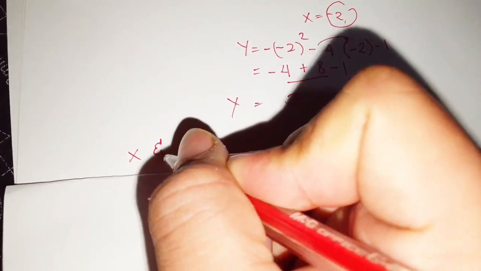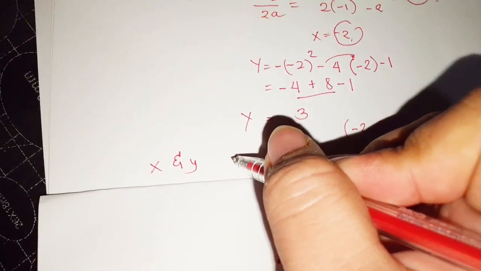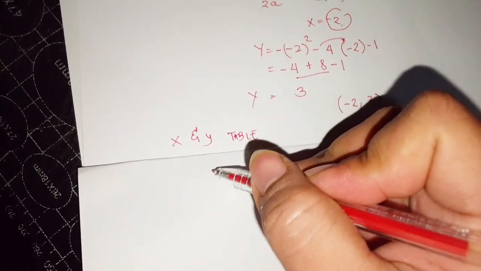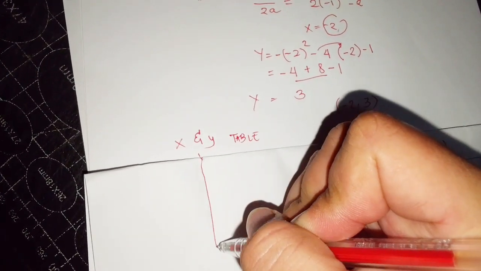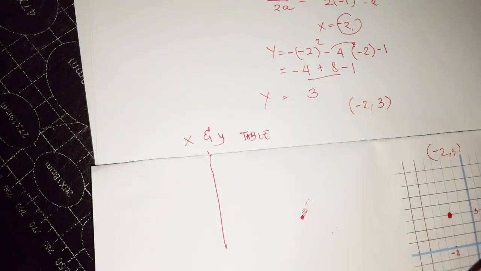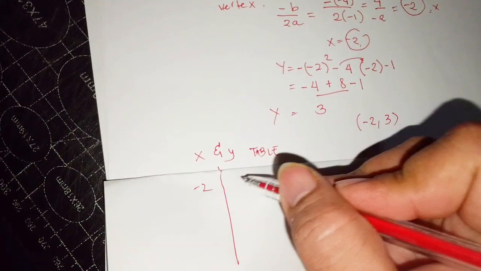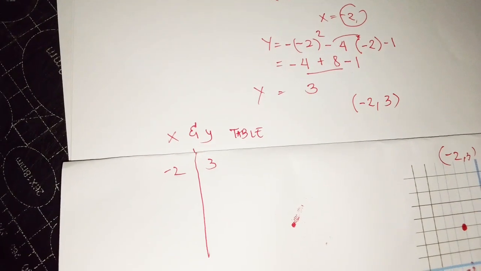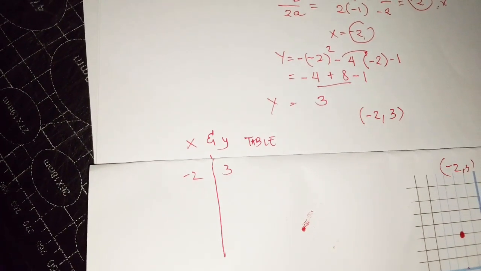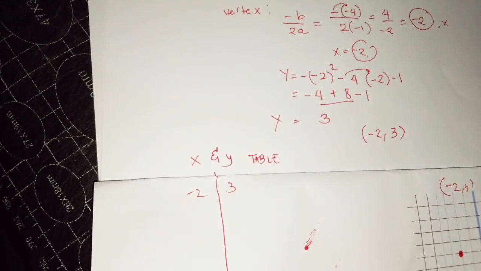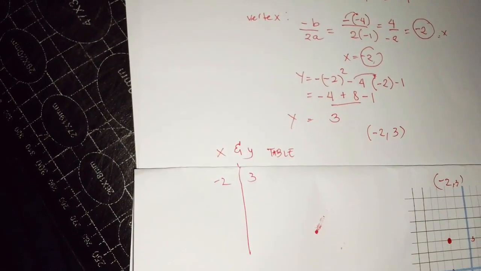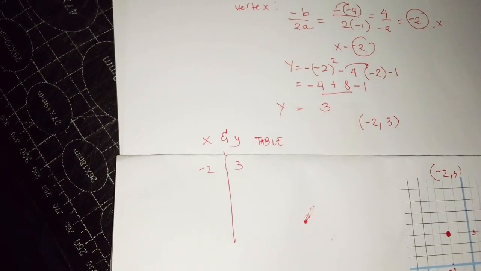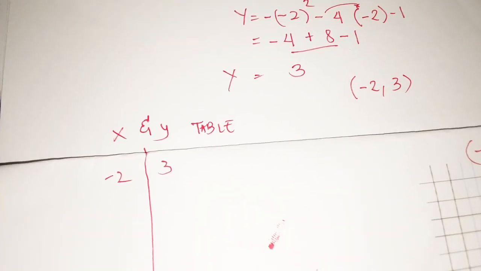Next, we use the x and y table so that we can have other points to make the parabola. We have the values we got earlier, negative 2 comma 3.